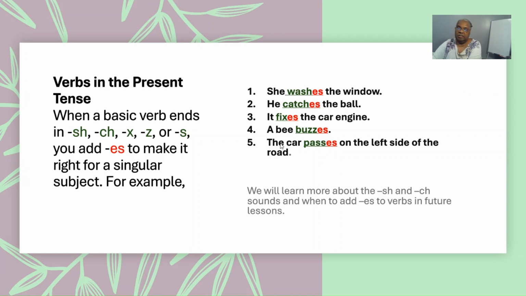In the fifth sentence, the car passes on the left side of the road. The verb pass ends in an s, therefore we added es to the end of the verb to form the present tense. We will learn more about the sh and ch sounds and when to add es to verbs in future lessons.